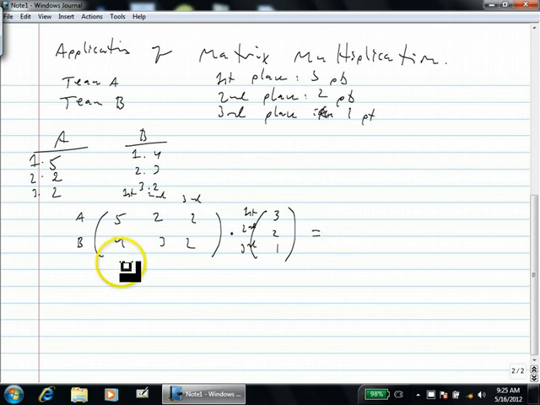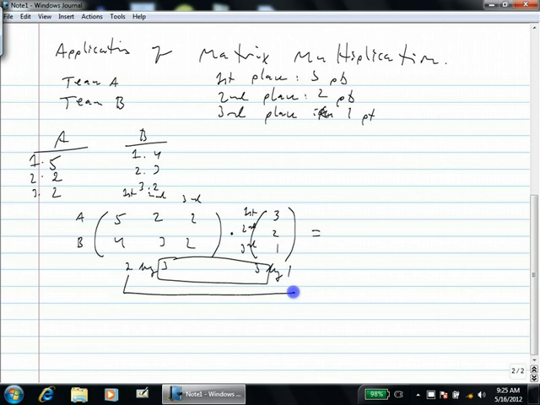First thing to notice is that because this is 2 by 3 and this is 3 by 1, and because these two numbers match, it is possible to multiply them, and the dimensions of the product is going to be 2 by 1. When you work out those two elements, we take the first row with the only column. 5 times 3 is 15, plus 2 times 2 is 4, that gives me 19, plus 2 times 1 is 21.